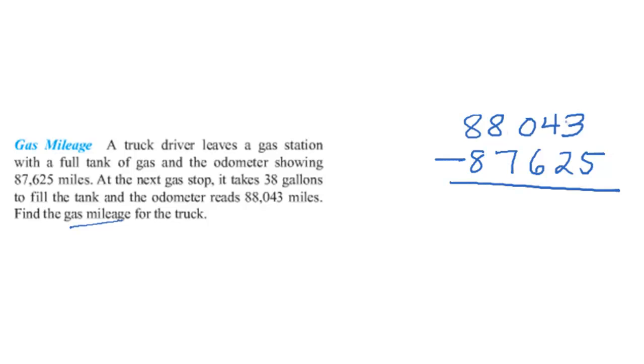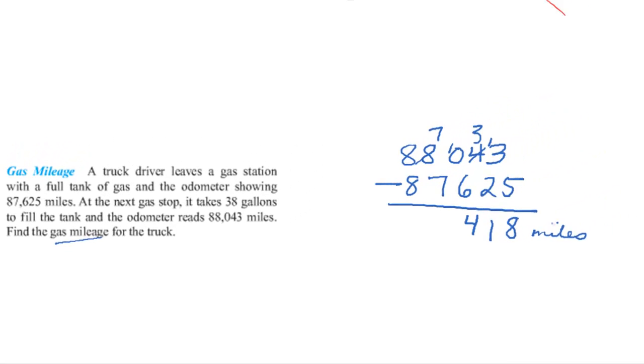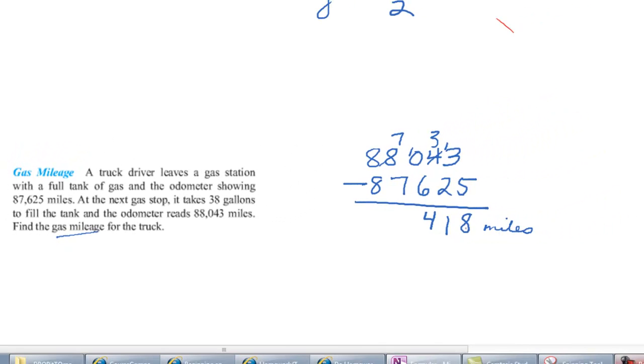We're going to do a little bit of borrowing here, but you can use your calculator as well. And so it's looking like the truck traveled 418 miles on that tank of gas. And you know that it took 38 gallons to fill the tank. So 418 miles on 38 gallons of gas.